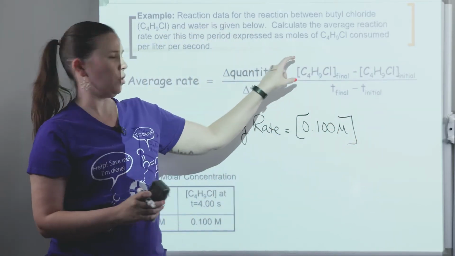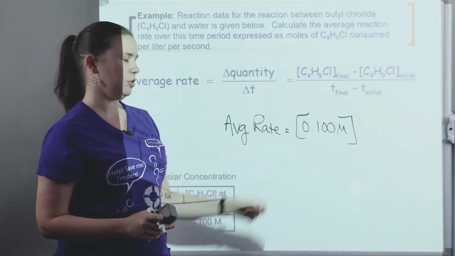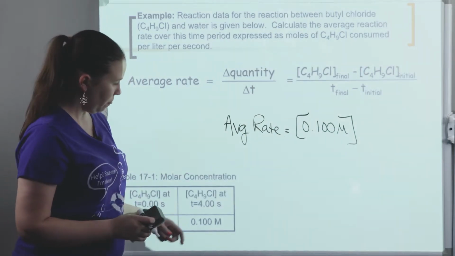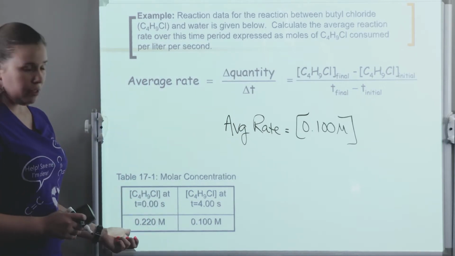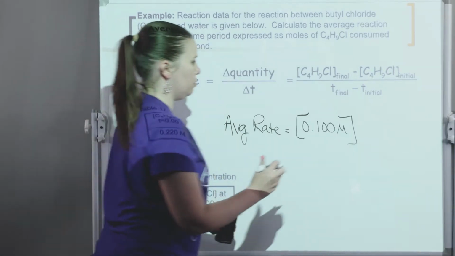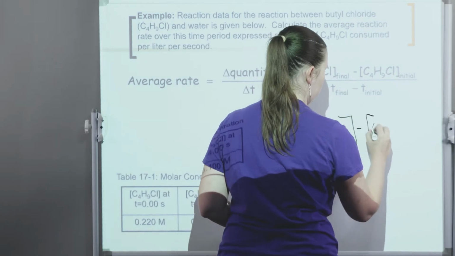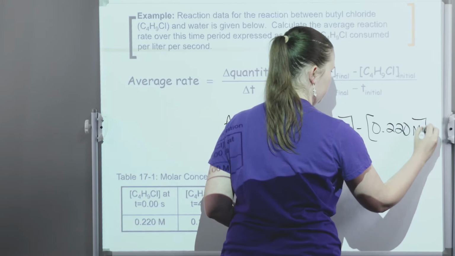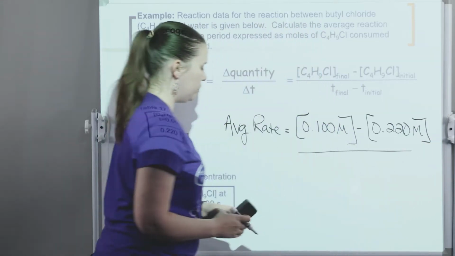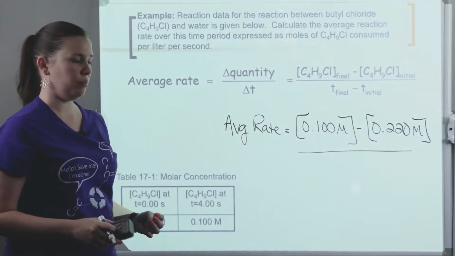And we can tell from the brackets that we're going to be plugging in concentration in molarity. So we've got that here. Now we're going to subtract the initial. So what was it at the beginning? That was the 0.220. So minus 0.220 molarity.